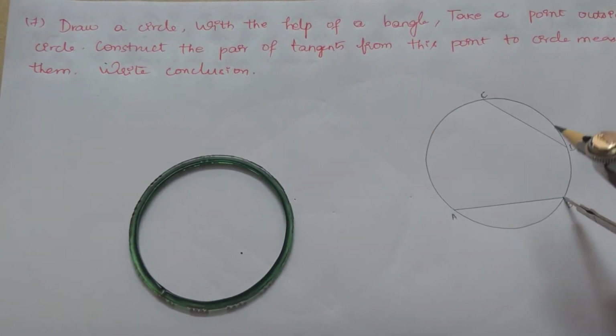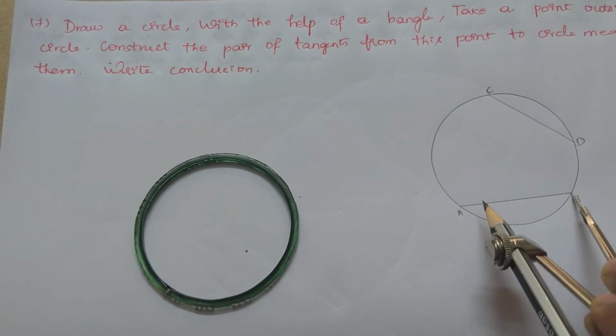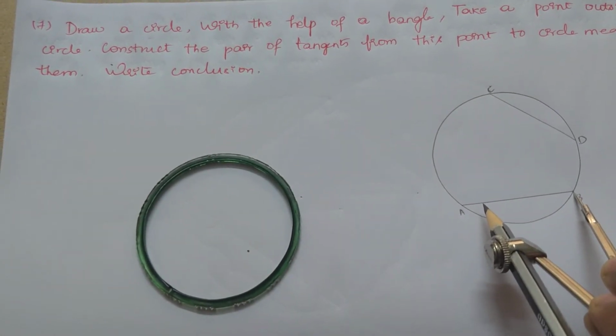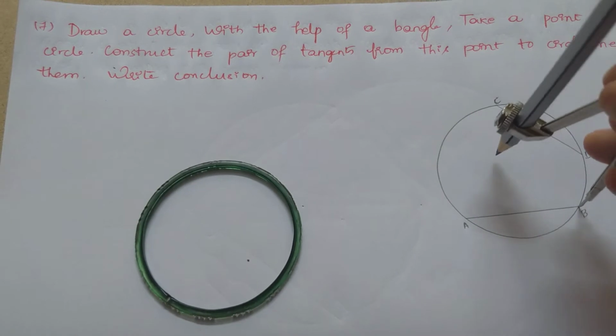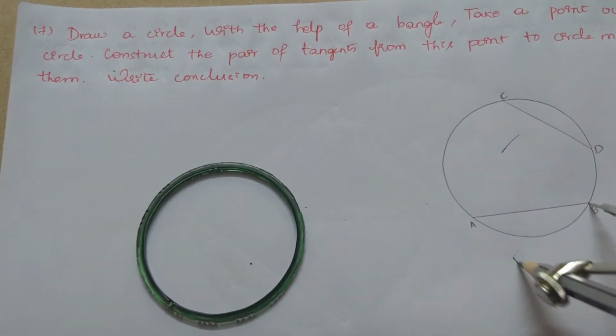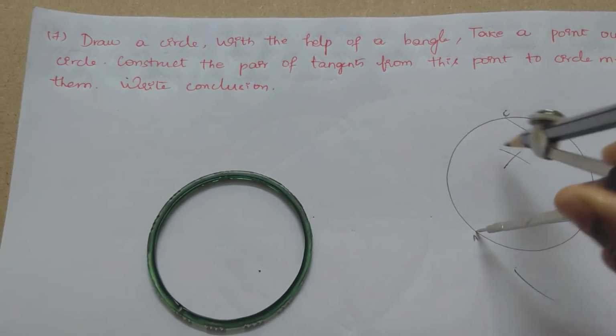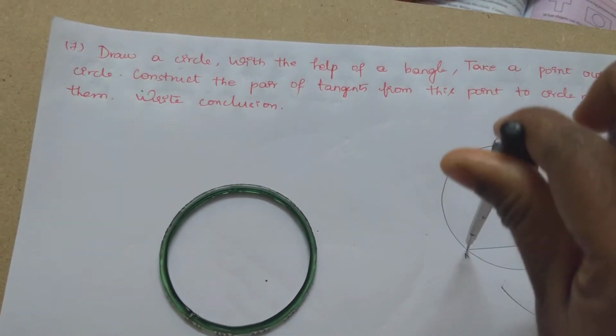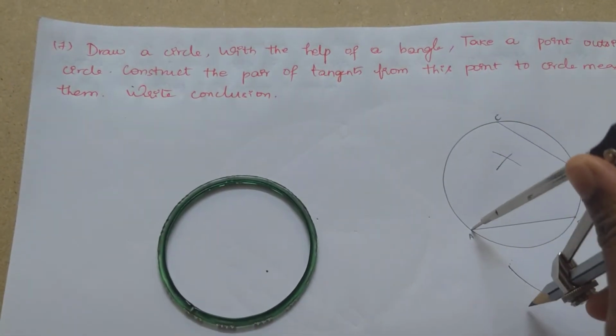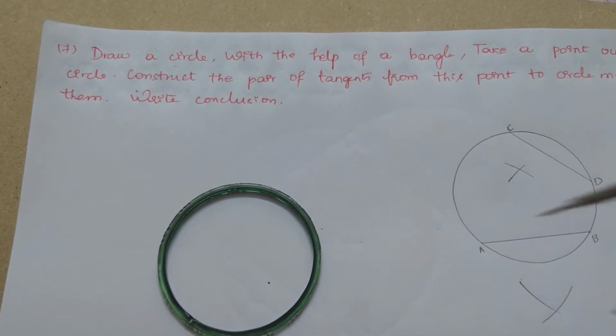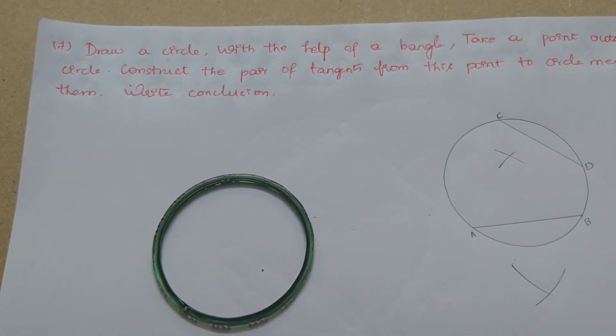How to draw a perpendicular bisector? It's nothing but taking more than half of its length. See, when you see here, this is more than half of its length, right? So what will I do? I will draw the perpendicular bisector for the chord AB. Okay. Same. Okay.